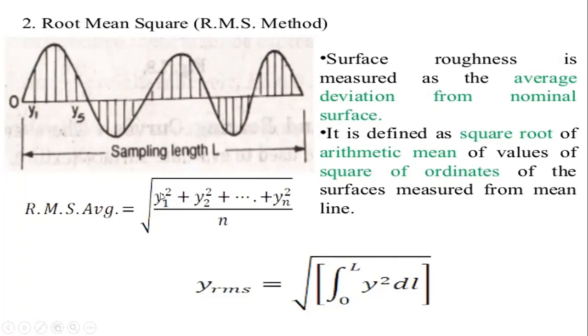So you take this square, and the origin point and the ending point length is taken as capital L, that is the sampling length. The formula for the RMS value is the root of y1 square plus y2 square plus so on, yn square, divided by n. That is the nth term of the y ordinate with respect to the n value.